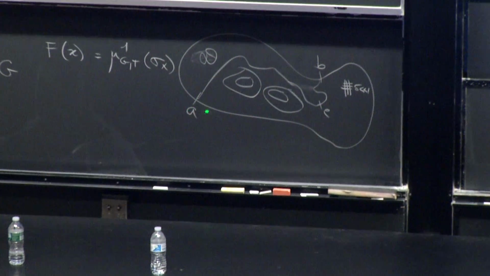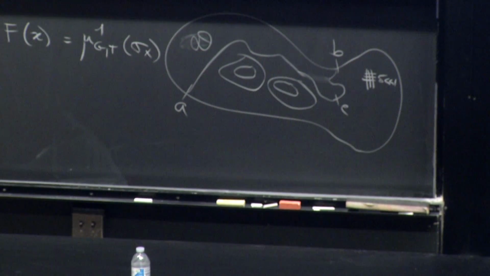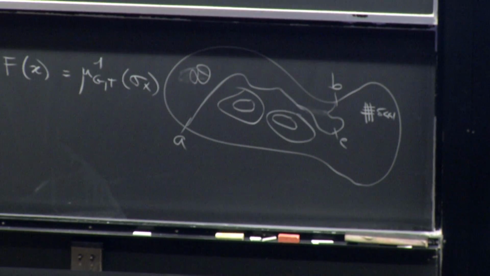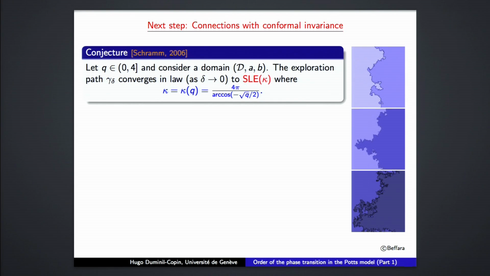When you do that, you have a random model, so you have a random interface, a random exploration path between A and B. Well, what is the limit of this random path when delta tends to 0? And the conjecture by Oded Schramm is that it converges to a Schramm-Loewner evolution. And these are examples of Schramm-Loewner evolutions.